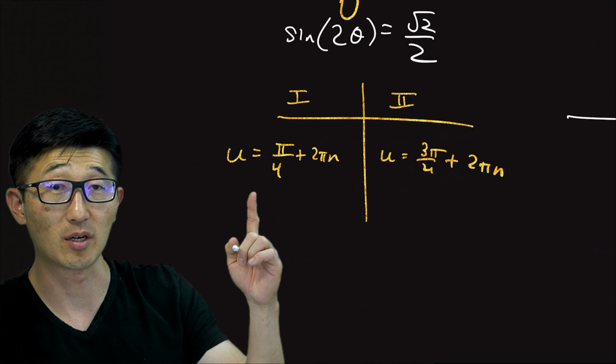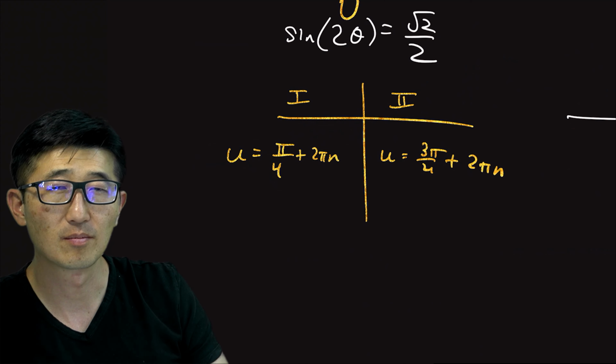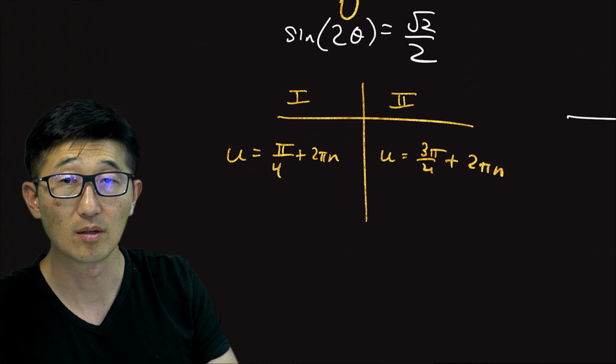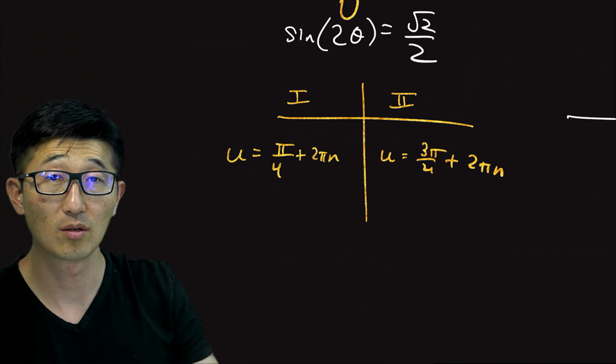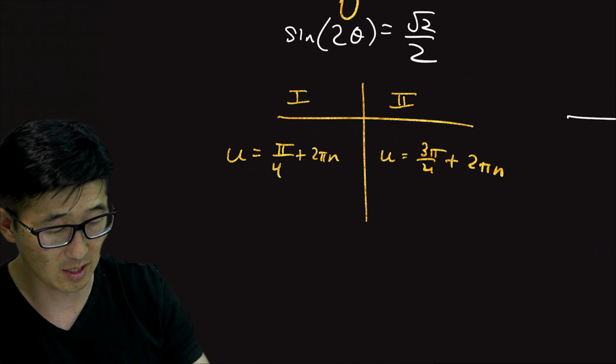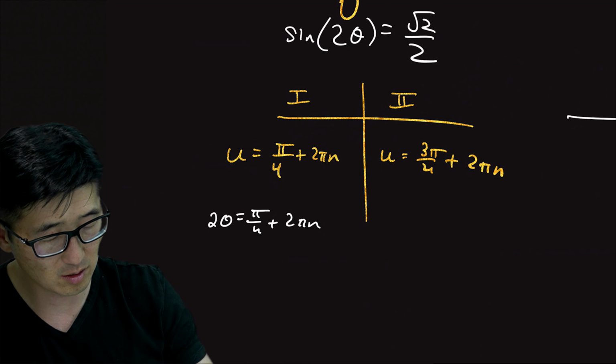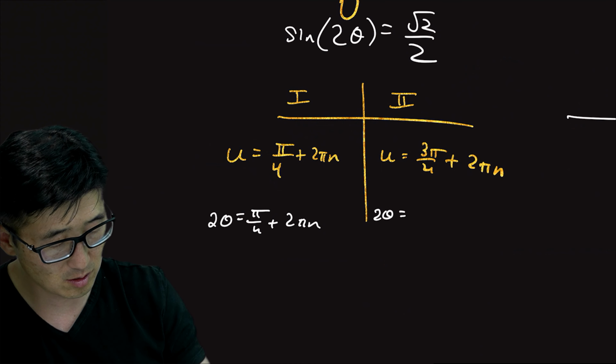Okay, now what do we do from here? You can't replace this, so you would have to leave it. So you would replace it with 2 theta equals pi over 4 plus 2 pi n, and 2 theta is equal to 3 pi over 4 plus 2 pi n.